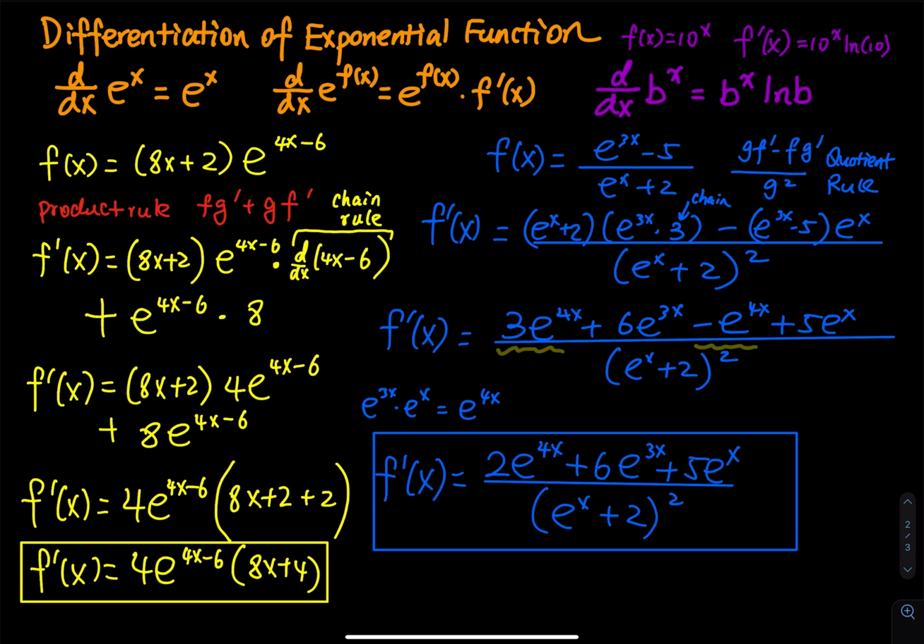F prime of x is one function that describes the slope of the given function at any x value. So if you want to find a specific point, you have to give me an x value. I plug it in, and I will get a slope. That slope is the slope of the curve of f of x at that specific point.